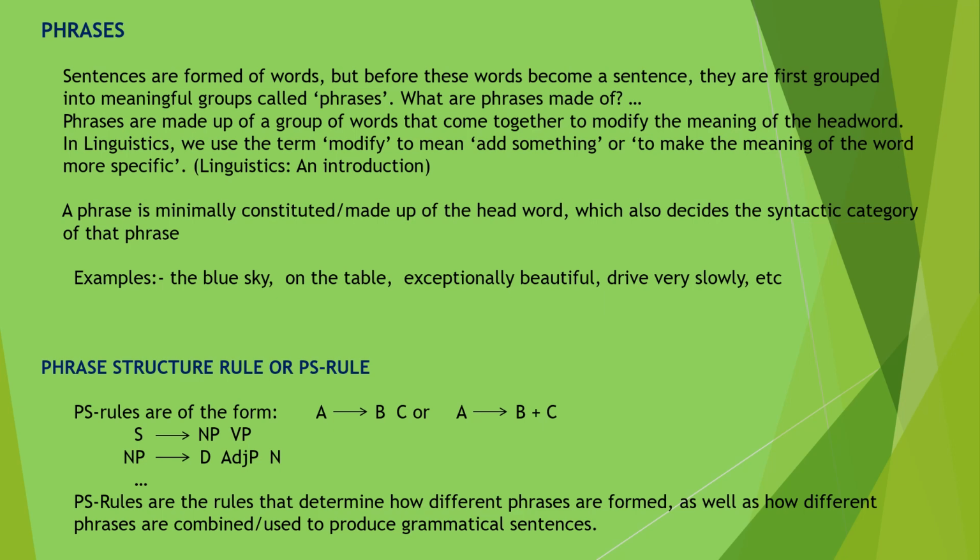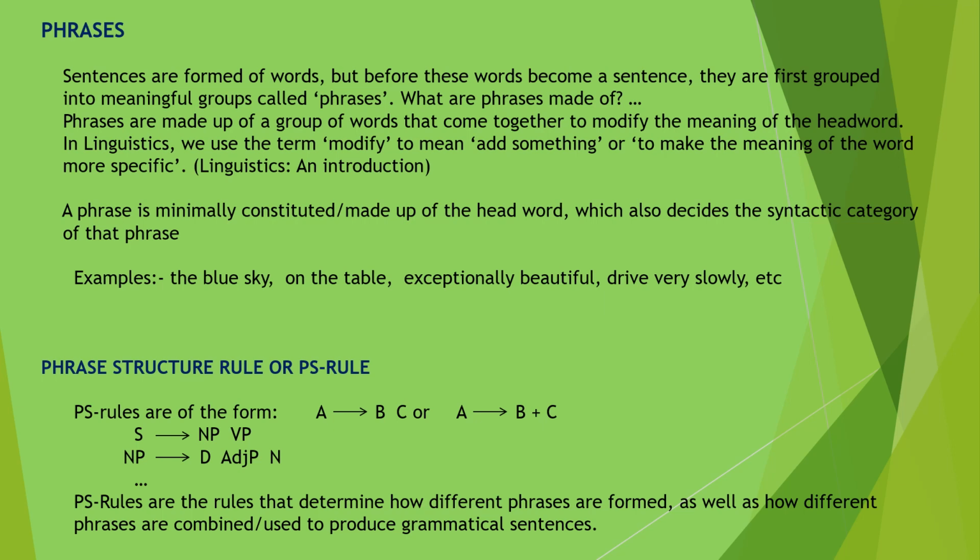So A, as I have shown you in the form, is further divided into B and C. Here you can add a plus sign or you can just give some space.